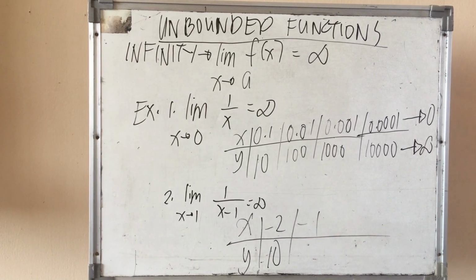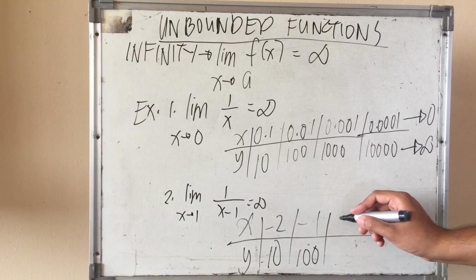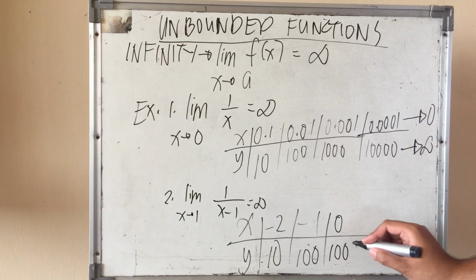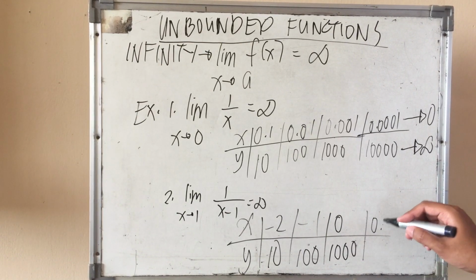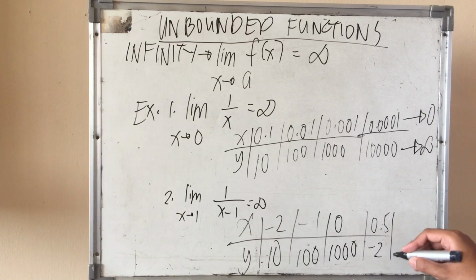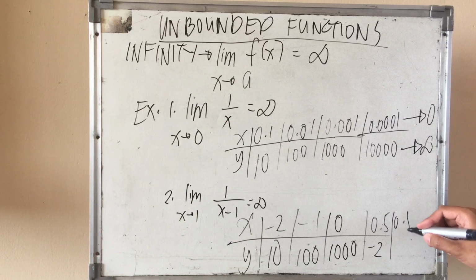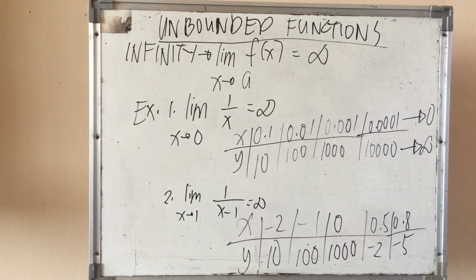Negative 1, set value for x, negative 1. Our y will be 100. 0, y is 1000. 0.5, negative 2. 0.8, negative 5.